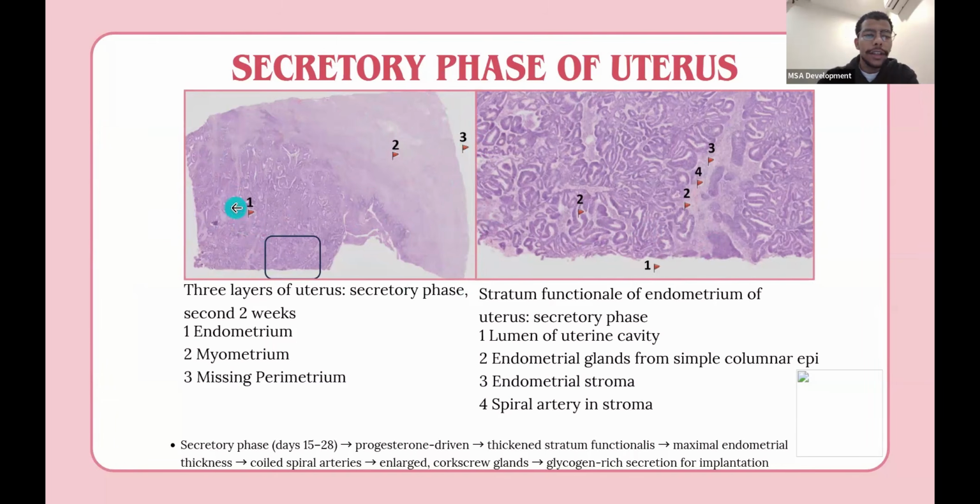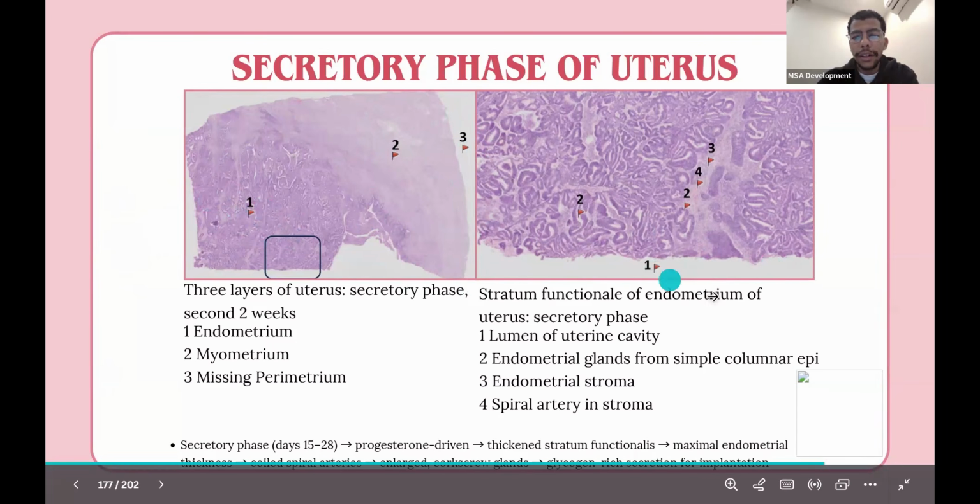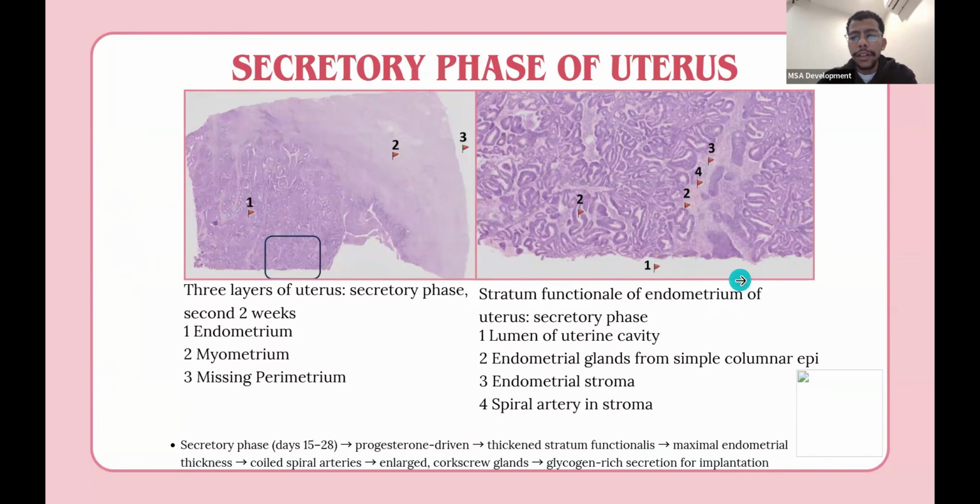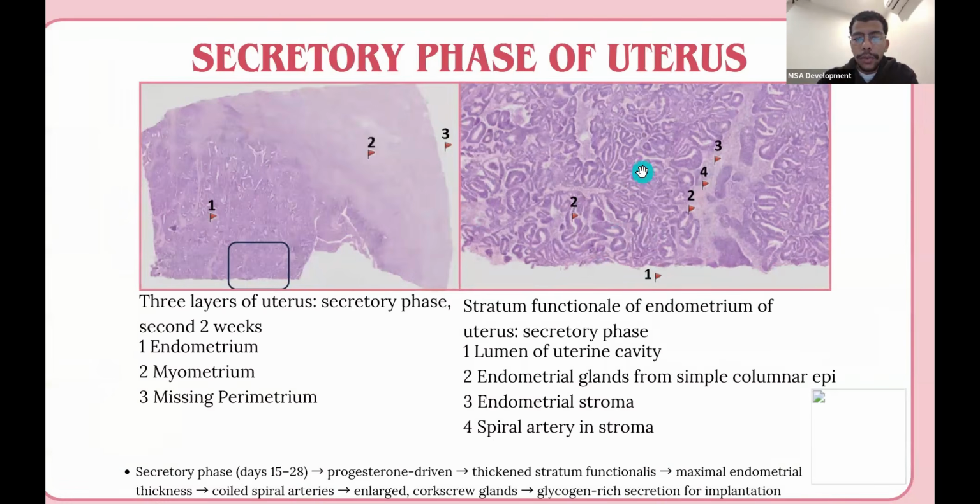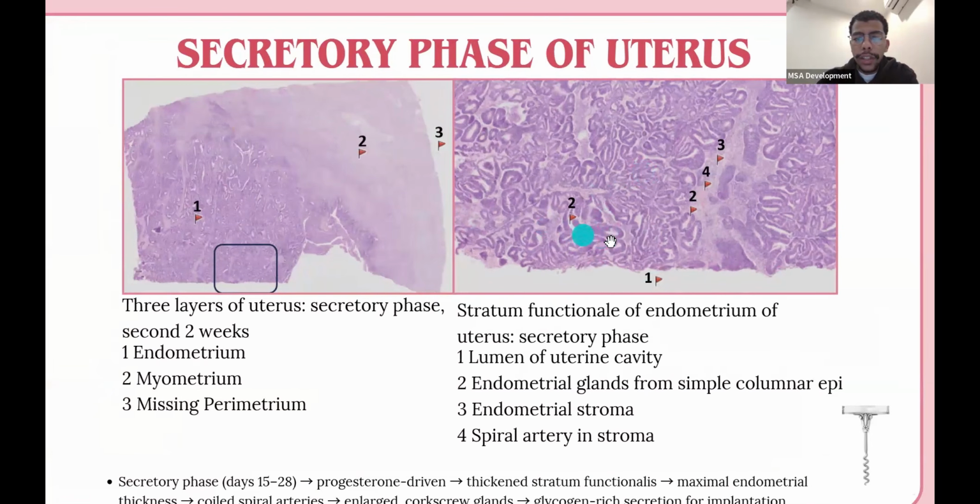Anything on this side is going to be the lumen. Basically here, we have the lumen of the uterine cavity. Then, number 2, we can see endometrial glands. Can you guys see them? The ones that proliferated earlier. And then here, this is stroma, just supportive tissue.